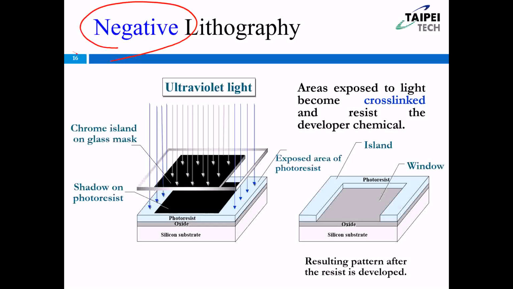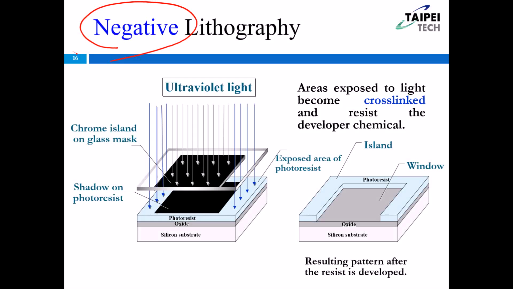So only at the central region we use the chrome, so no UV light can pass through the central region. Only the edge region can pass the UV light. So the edge area exposed to the UV light will become cross-linked.